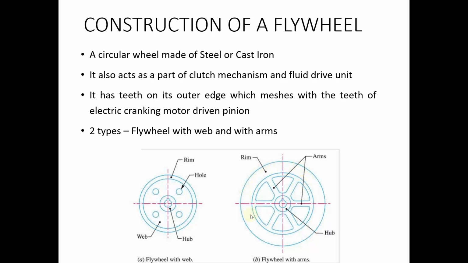So usually these large flywheels are used in machining purposes, such as in heavy punches, rams, etc. So these are flywheels with arms. Normally the type of flywheel which we use in vehicles is the flywheel with web.